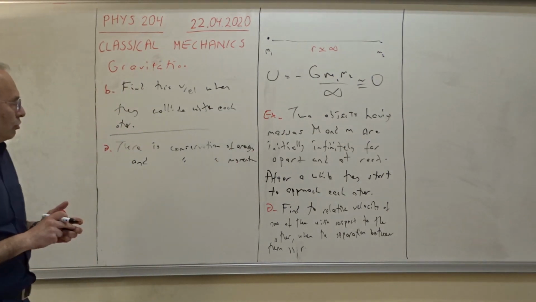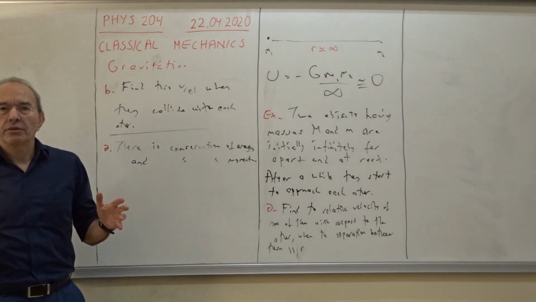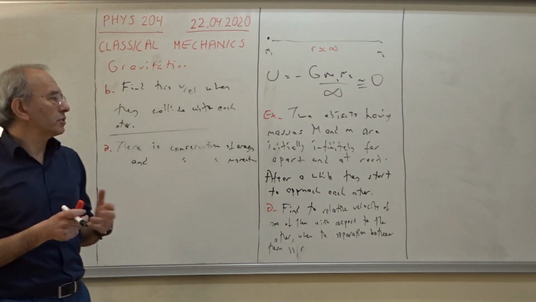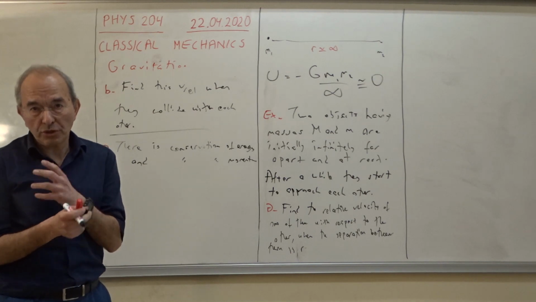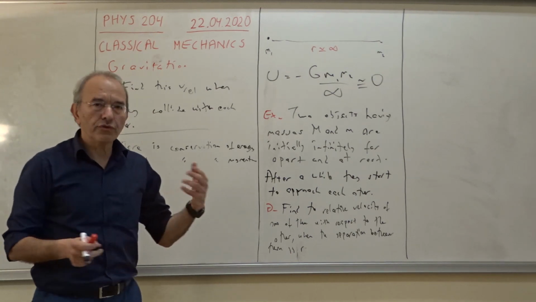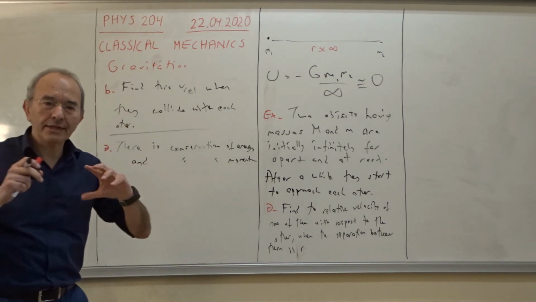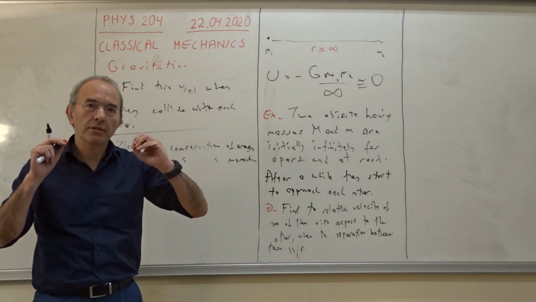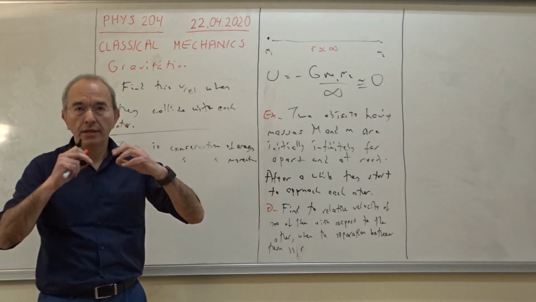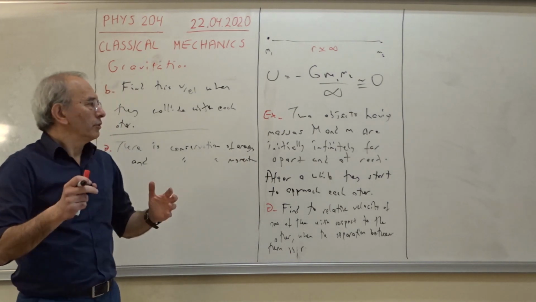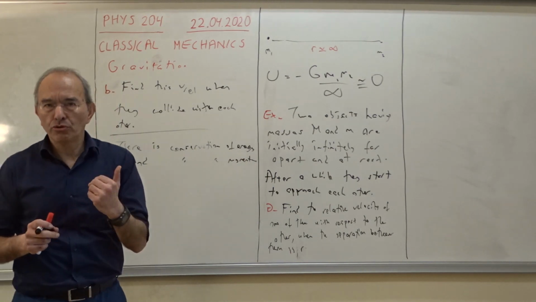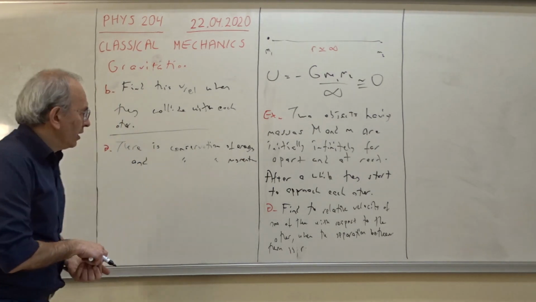Why? Because there is no dissipative force acting on the system, so the total energy should be conserved, and also there is no external force acting on this pair of objects from outside, so the momentum should be conserved, algebraically of course.